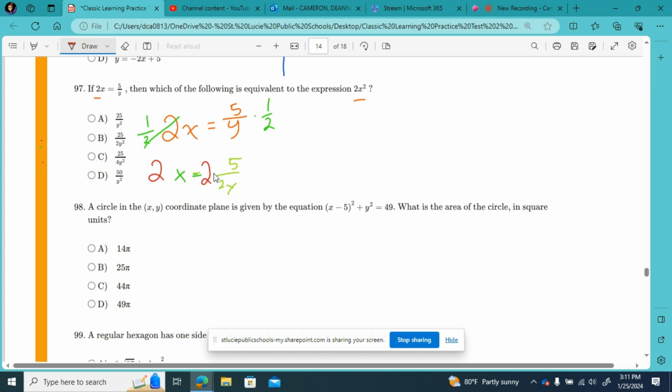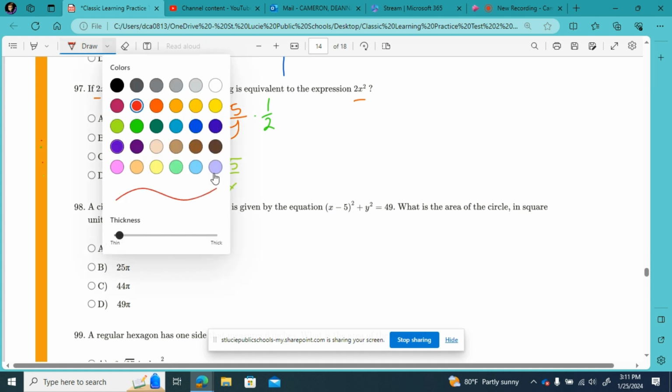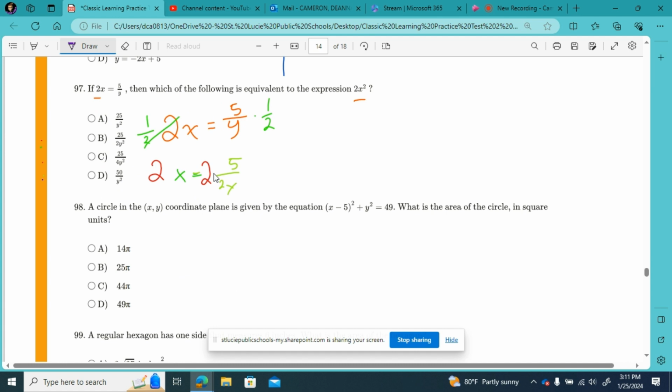2 times this, right? And then when I square my x, I'm going to come in with one more color and take my x squared. So I've got to square this. Now I've got 2x squared on this side equals 2 times, when we square this, we multiply the top times itself. 5 squared is 25 over the bottom pieces by themselves.